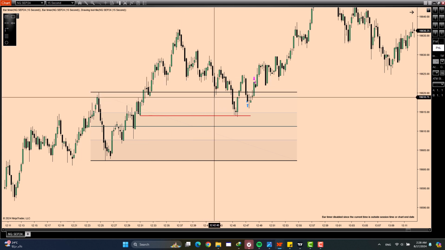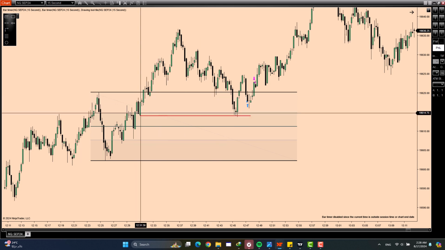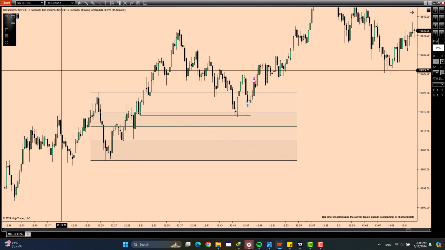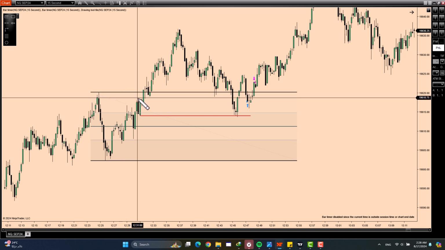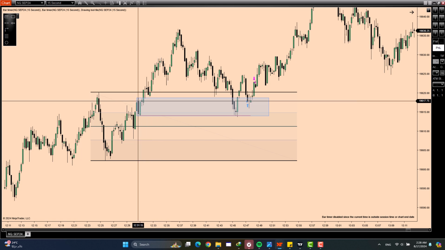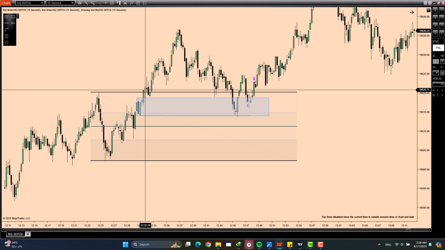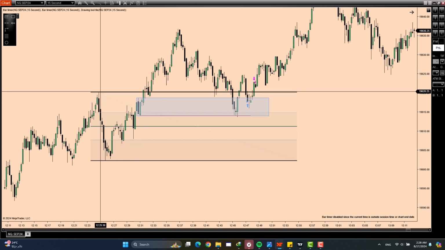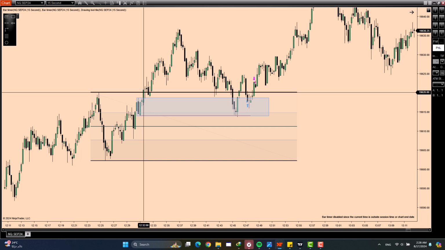I prefer these lows, but this low right here, although it is not very obvious, has a significance: this zone from here to here is the SNDR, or the zone, the last move to the downside that broke structure before the break of structure. So this is the one responsible for the break of structure.